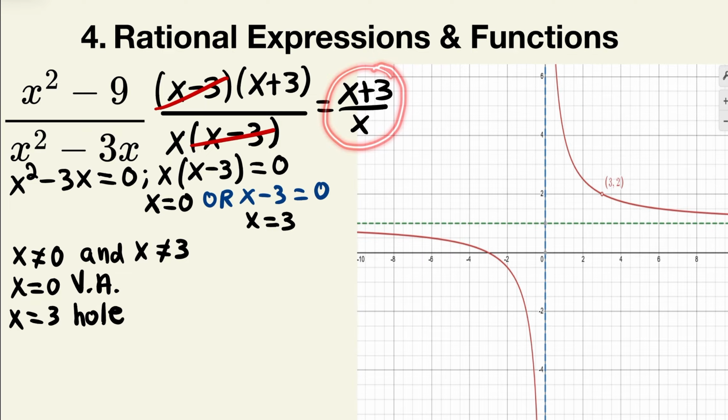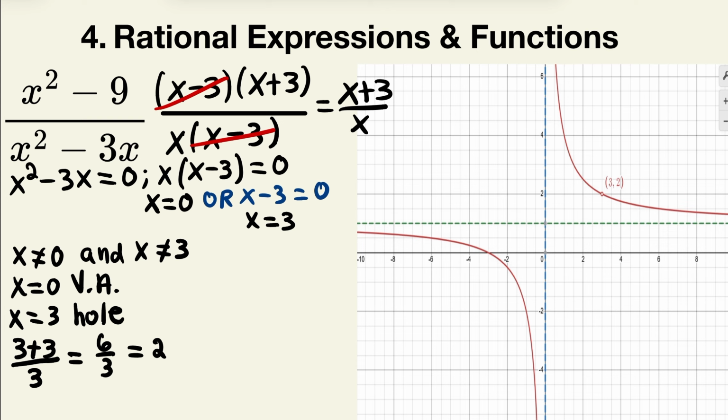Where you see this x, you're going to place a 3, and that'll give us the y value. So 3 plus 3 over 3, and so that equals 6 divided by 3, which equals 2.